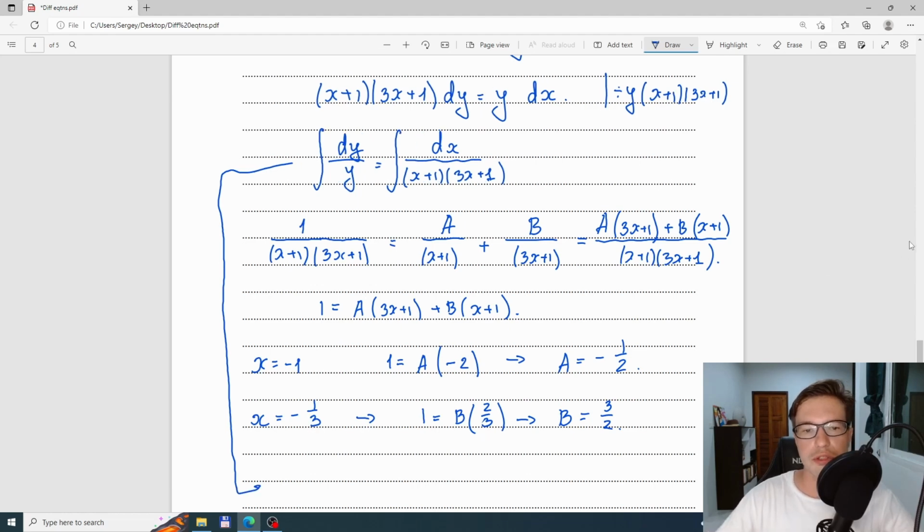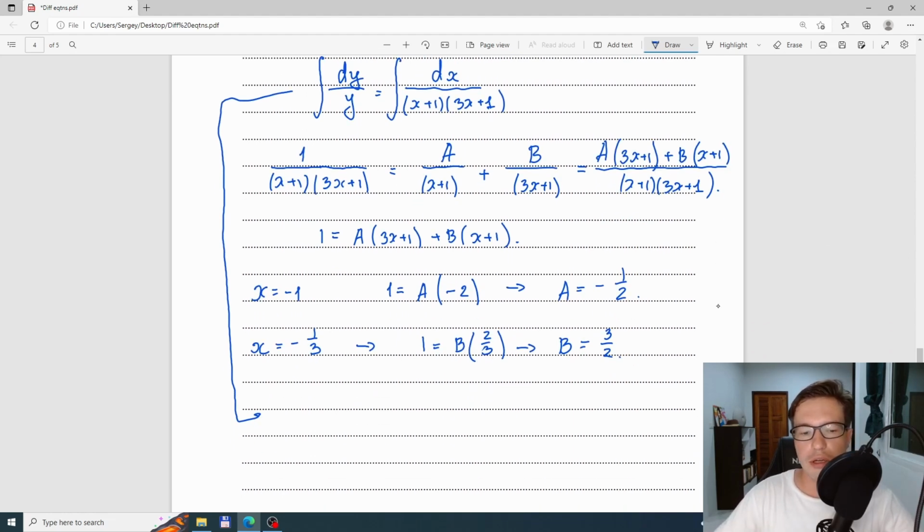Let me copy the question. So I got the integral of 1 over y dy equals, I'm going to replace the fraction with partial fractions.